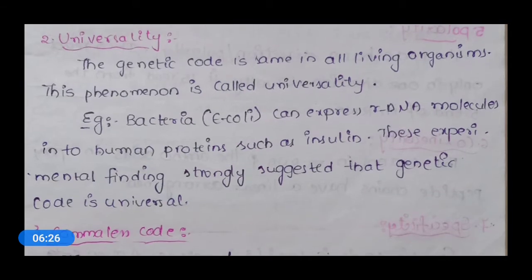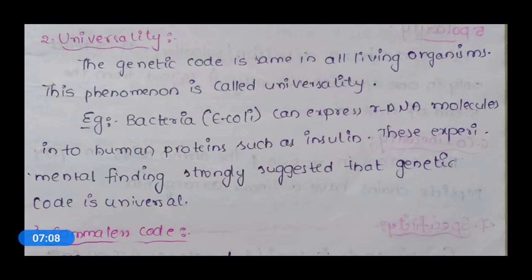By conducting different experiments on the production of insulin from E. coli, we understood that the genetic code is universal. That means the codons which code for different amino acids are similar in all living organisms. Based on this concept only, we are able to produce commercially available products like insulin in different organisms.